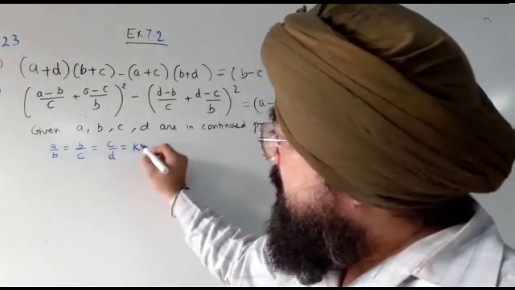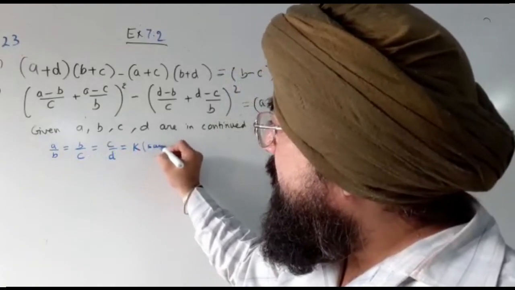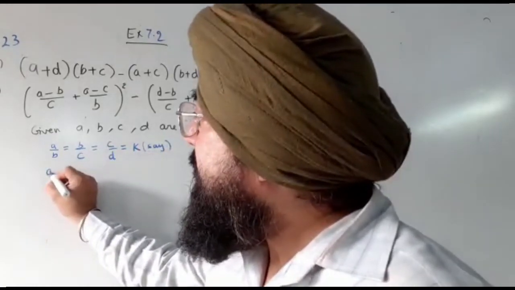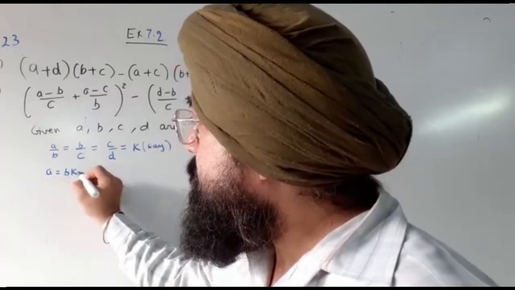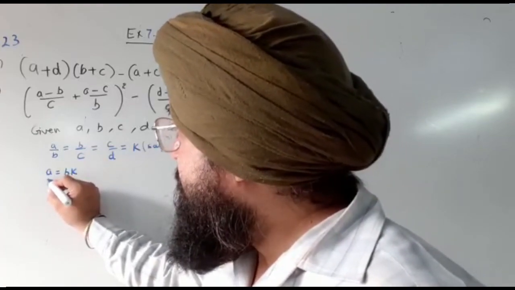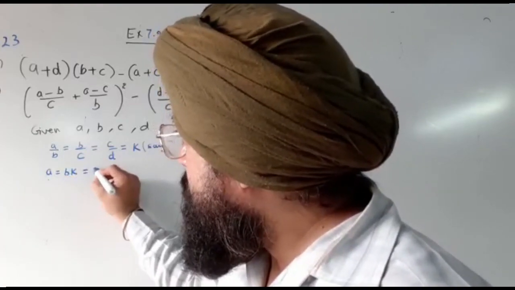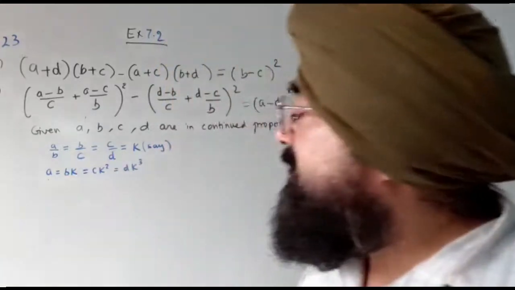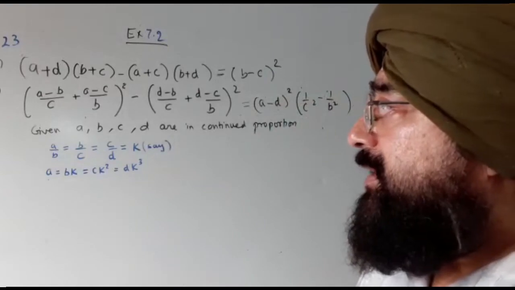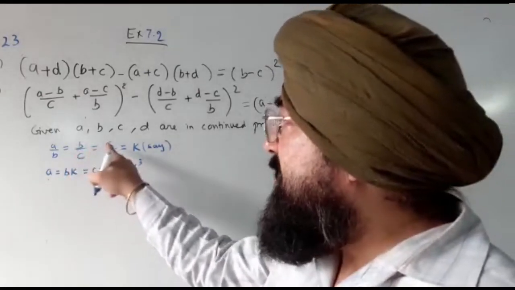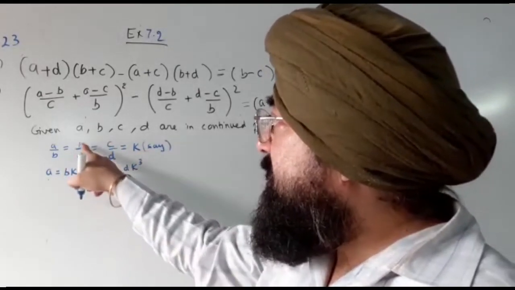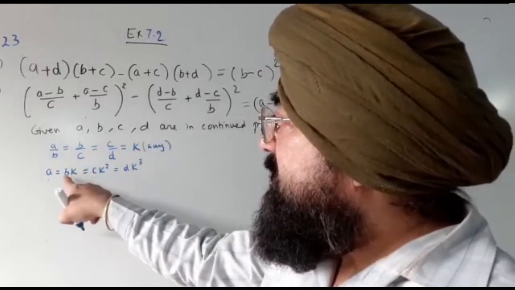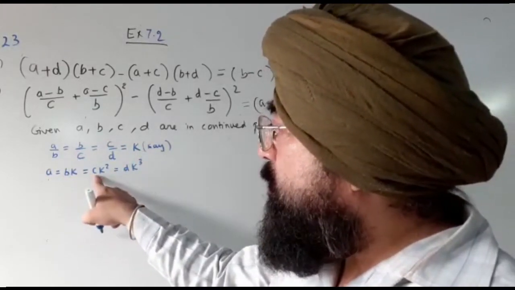So if the font appears to be small, you can just zoom your screen so that you can see it more clearly. So this assumption K will enable us to take A is equal to BK, B is equal to CK, that is equal to CK square, that is equal to DK cube. The other day I told you all this. A will be equal to BK, but B is equal to CK, isn't it? So instead of B I put CK, so it becomes CK square.